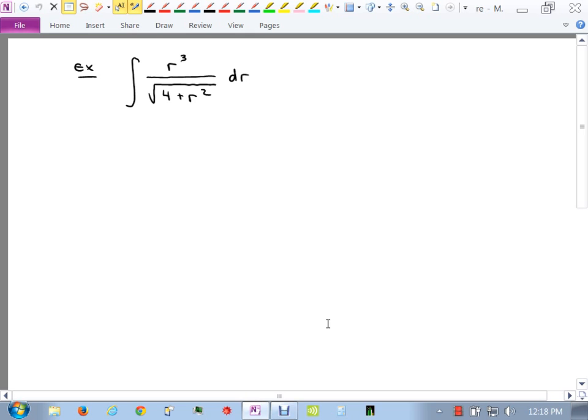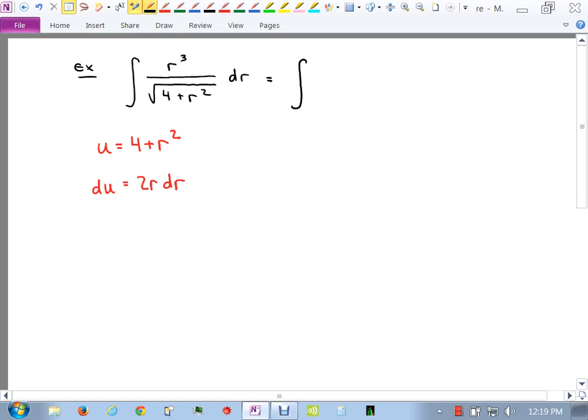So here's an approach. I'm going to look at this problem as I'm looking for something in its derivative. Well, after doing substitution for a while, you might just throw out there as just a guess, u is 4 plus r squared. Then what's the derivative of that? 2r dr. Now, do you have a 2r dr? Yes, you do.